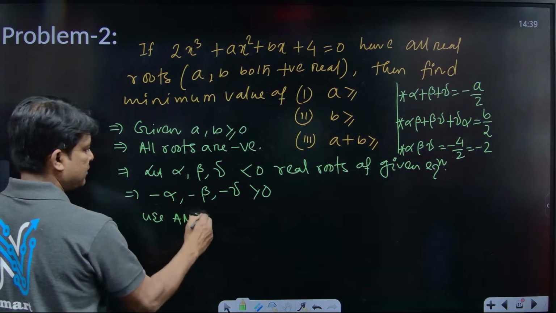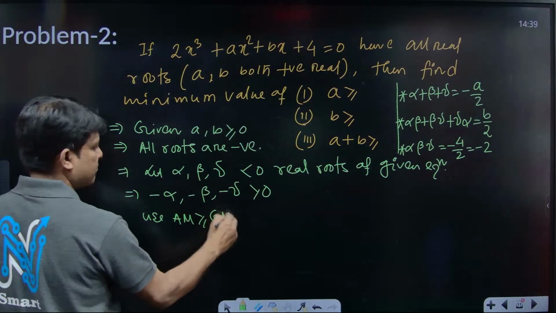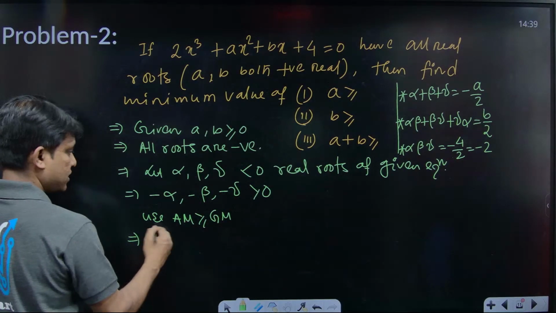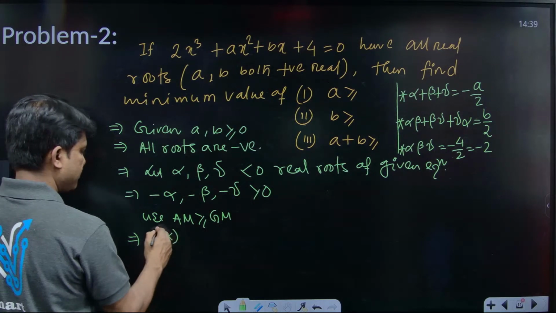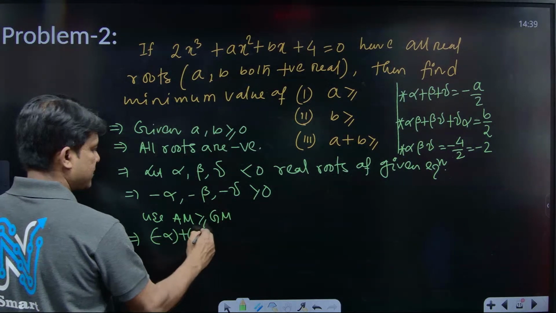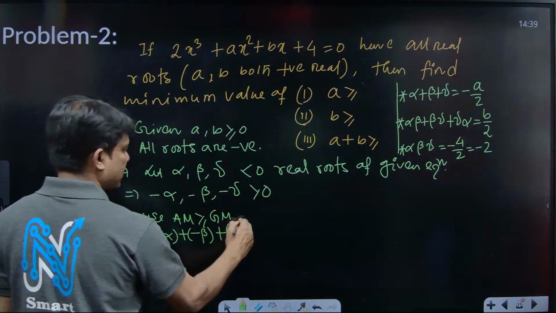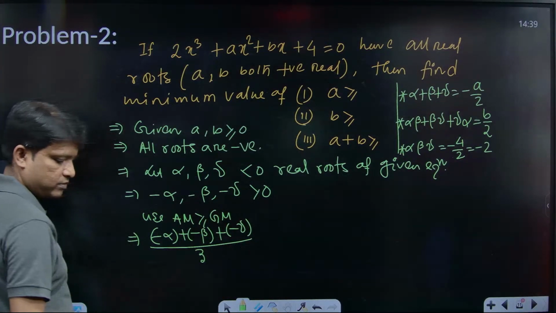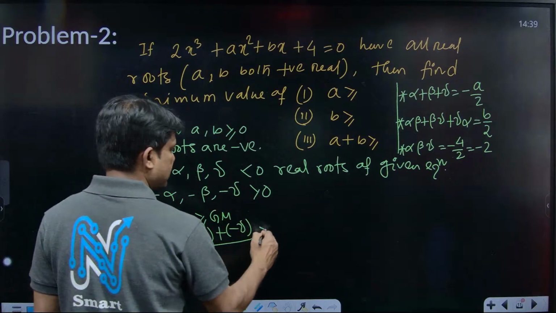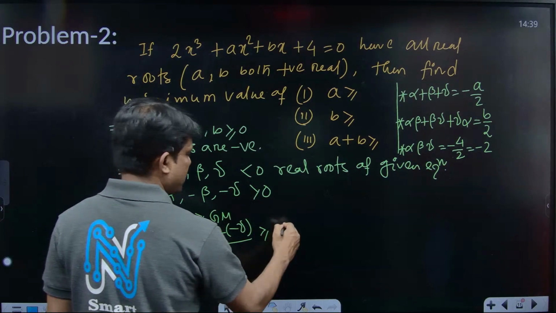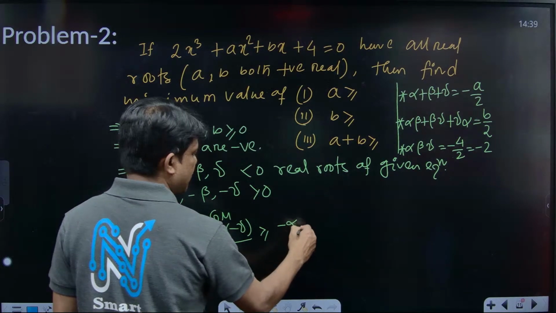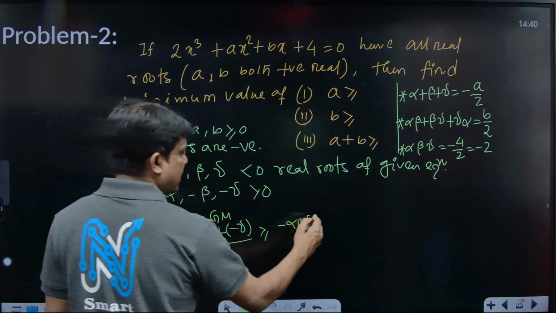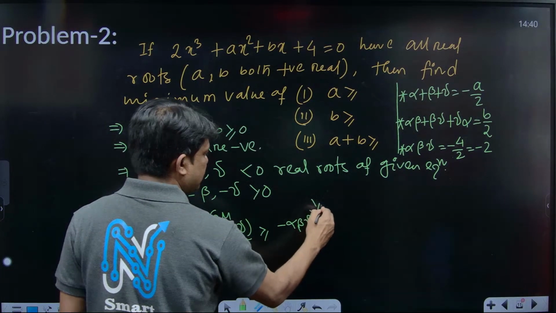So use arithmetic mean greater than or equal to geometric mean. For the positive quantities minus alpha, minus beta, minus gamma, the sum of the 3 numbers divided by 3 is greater than or equal to the geometric mean, the product of the 3 numbers to the power 1 by 3. That is minus alpha beta gamma whole power 1 by 3.